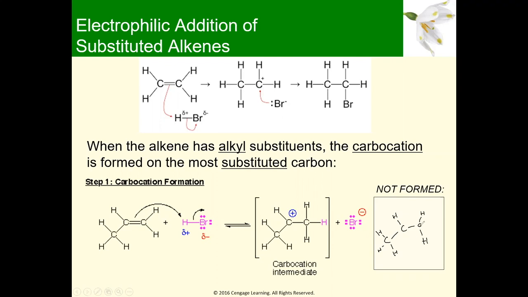I apologize, but that's supposed to be a C. Then let me switch colors just to show you where that other hydrogen went. So this is not formed. The hydrogen does not go to that middle carbon in order to give us the carbocation on that end carbon. That's not what happens. That would lead to a different product.